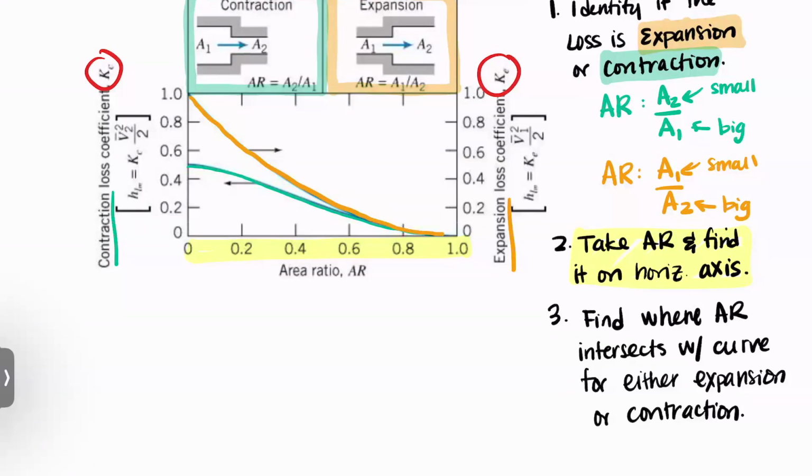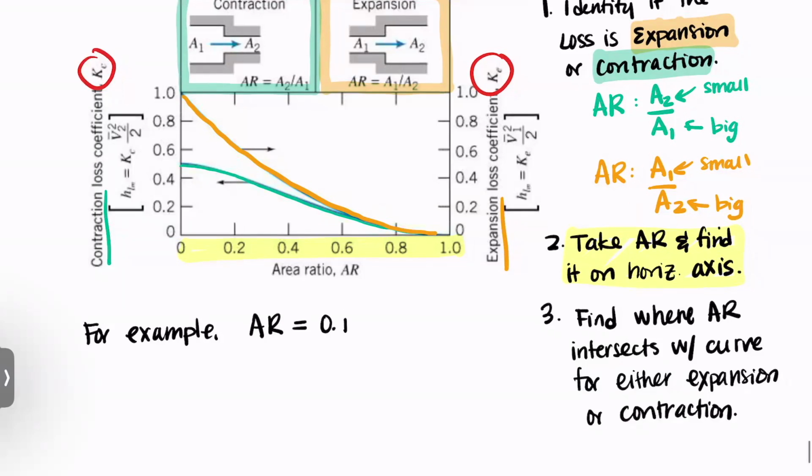Okay, so for example, if you had an area ratio of, let's say, 0.4. So this is 0.4. I'm gonna draw this up. Here's my intersection point if I have a contraction. Here's my intersection point if I have an expansion. And I'm gonna draw this line over to here.